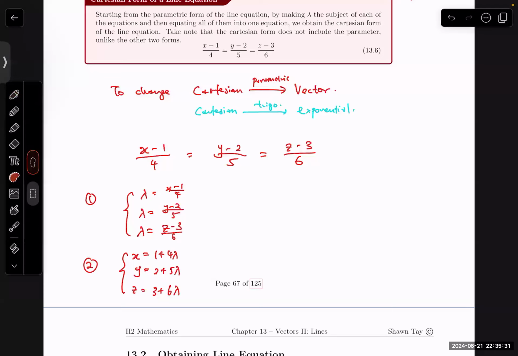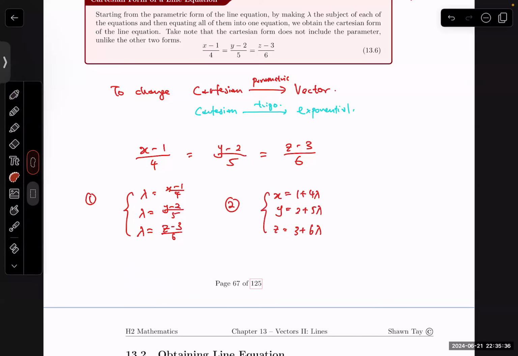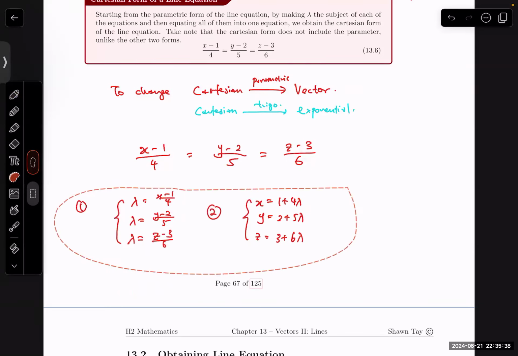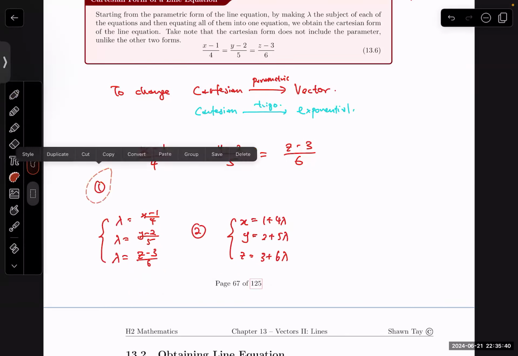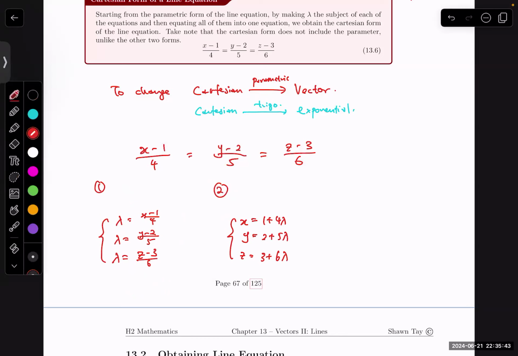To arrange it better, because it's a bit squeezy, let me just put it like this. Make lambda the subject. Make x, y, z the subjects. And the last step is to just convert into vector form.